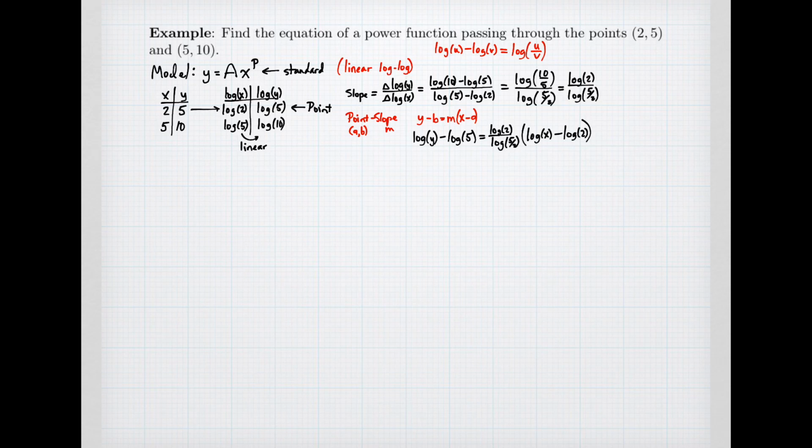Now, notice what we get to do again. I'm going to use the rule of logarithms, the logarithm of a difference in two locations. So I get the logarithm of y over 5 is going to be equal to this slope, log of 2 over log of 5 halves, just a number, times the logarithm of x divided by 2.